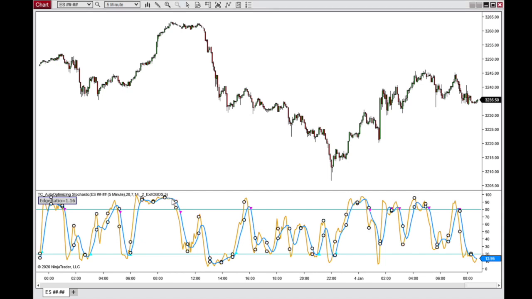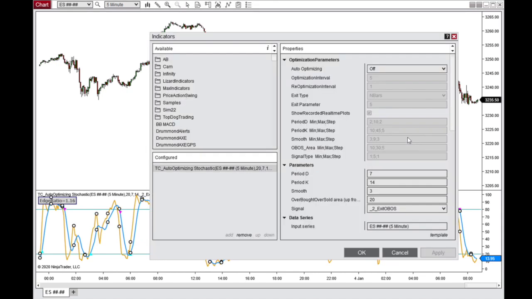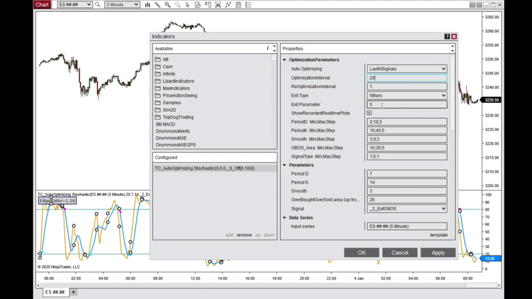So let's get this indicator to auto-optimize and tell us what it thinks we should be doing. So let's measure the last 20 signals, exit after 5 bars, and see what happens.